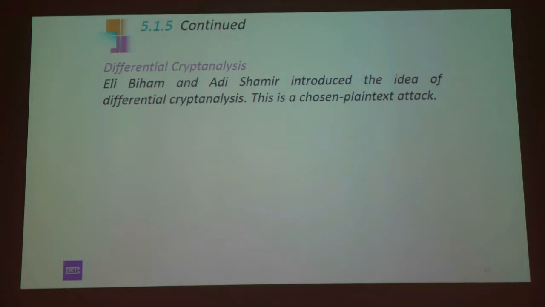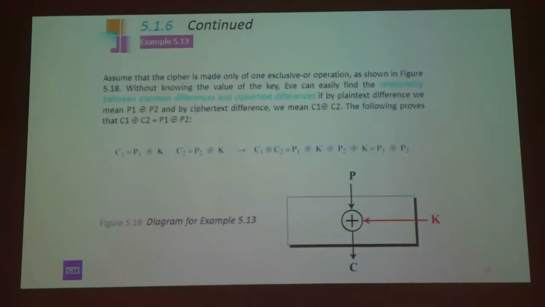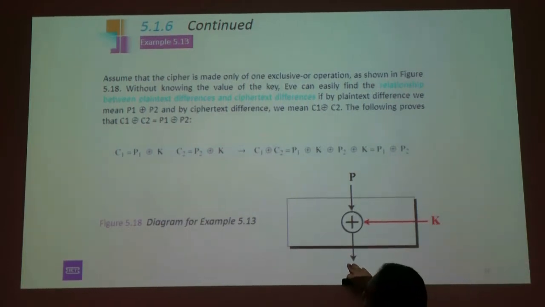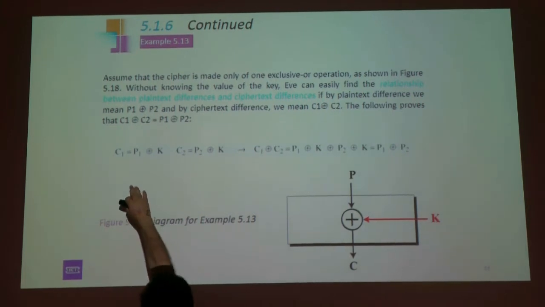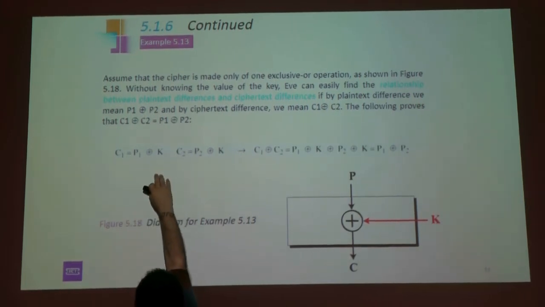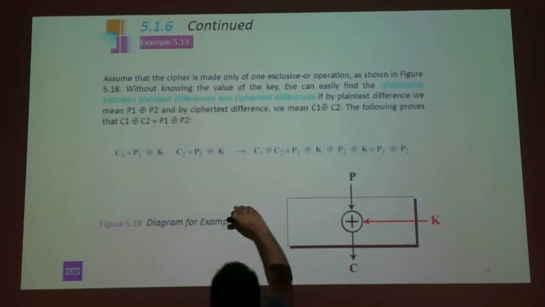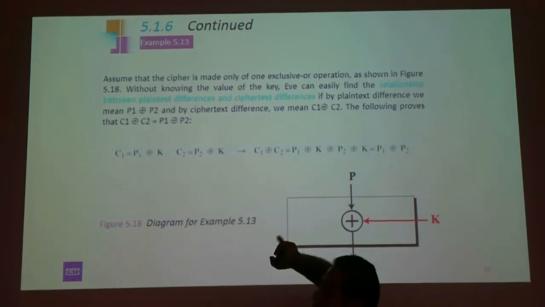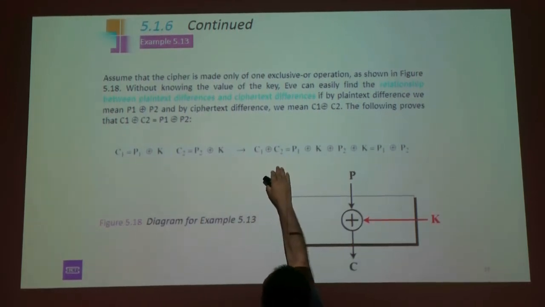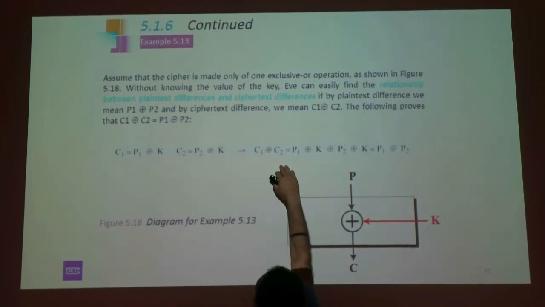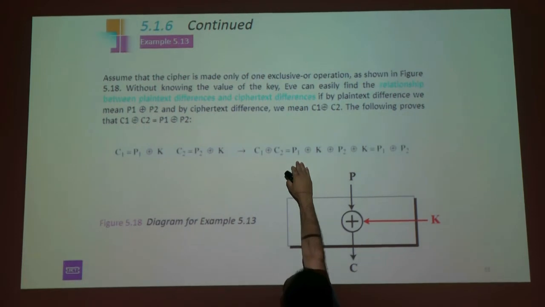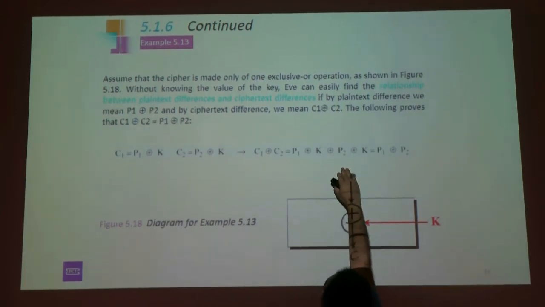So if you have a chosen plain text example, a plain text with the key gives you the cipher. Let's say that C1 equals plain text 1 XOR the key, and C2 equals plain text 2 XOR the key. If you have two ciphers, cipher 1 and cipher 2, and you XOR them together, it equals the plain text 1 ciphered with the key XOR plain text 2 ciphered with the key.